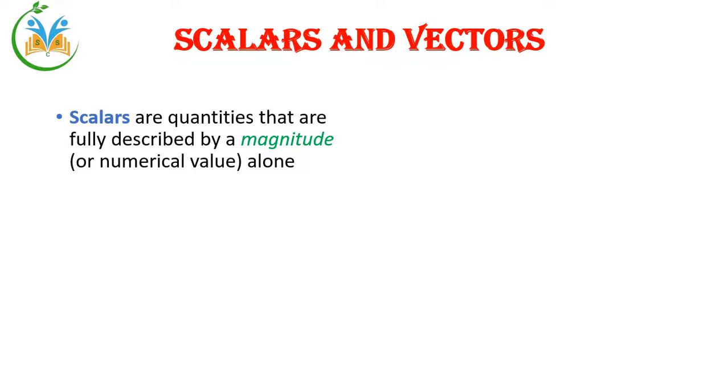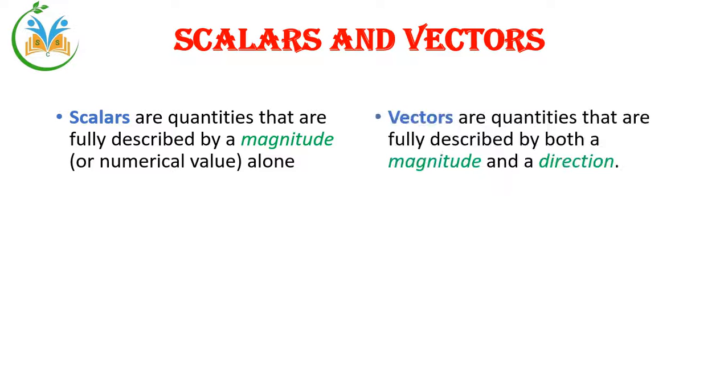So what is a scalar quantity? See, scalars are quantities that are fully described by a magnitude or numerical value alone. What is a vector? Vectors are quantities that are fully described by both a magnitude and a direction.